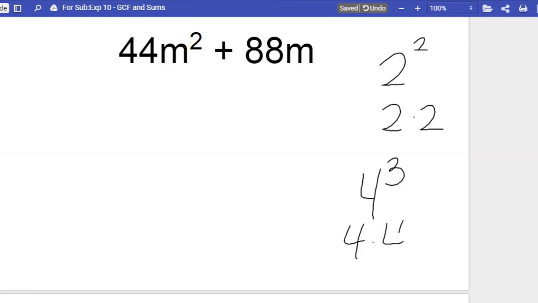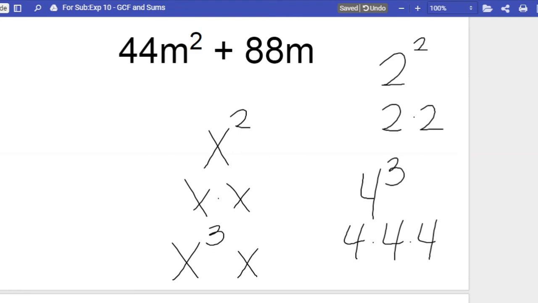Okay, let's look at this one. So I worry about my variables first. If you remember, I want to explain something. Let's say we had 2 squared, and we wrote that in expanded form as 2 times 2.